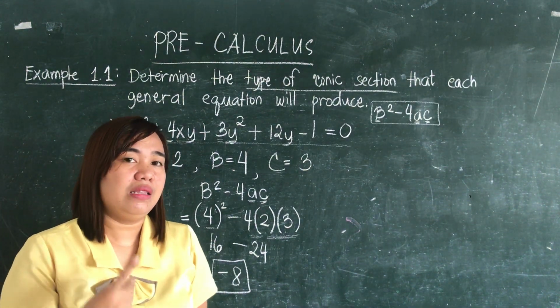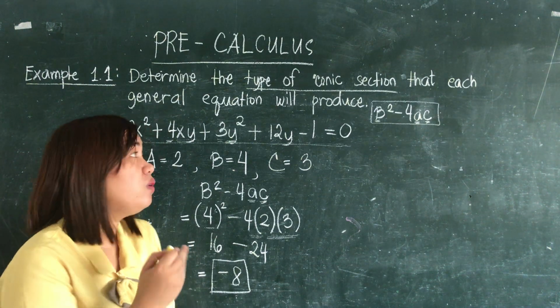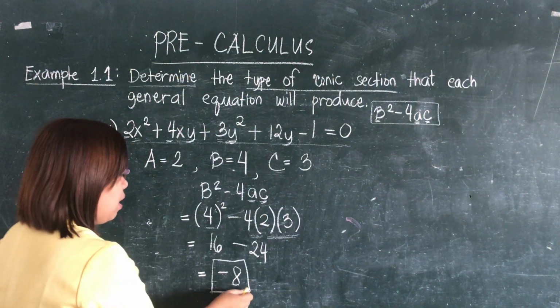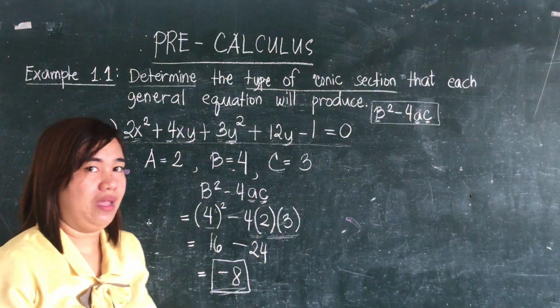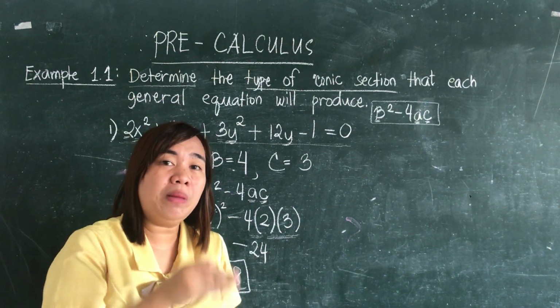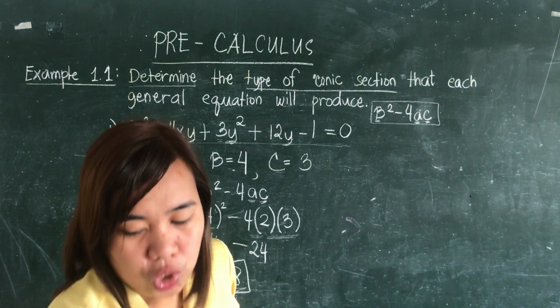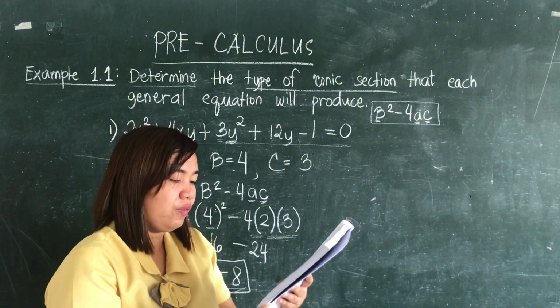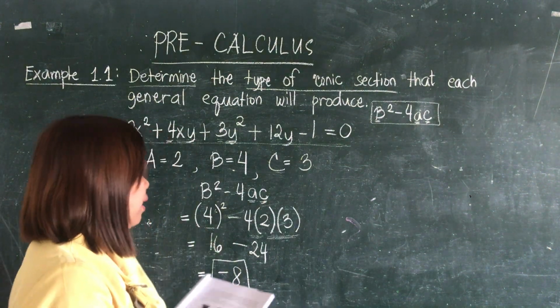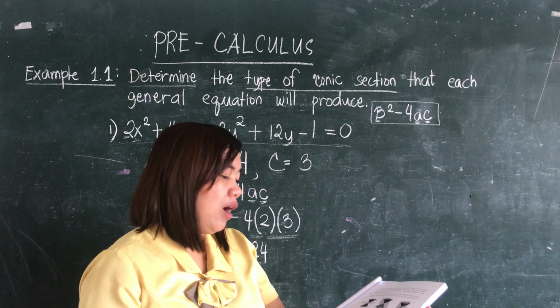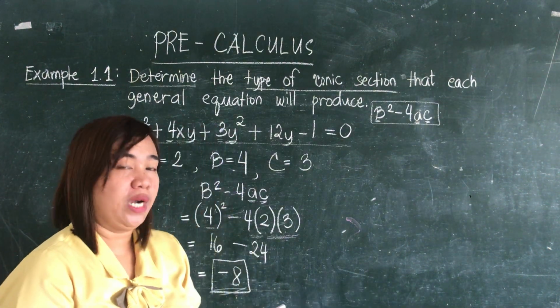Next question is, how can we determine the type of conic section by using this negative 8? Of course, we're going back to table number 1 that shows the graphs of quadratic equation. Look at the column of value of b squared minus 4ac.